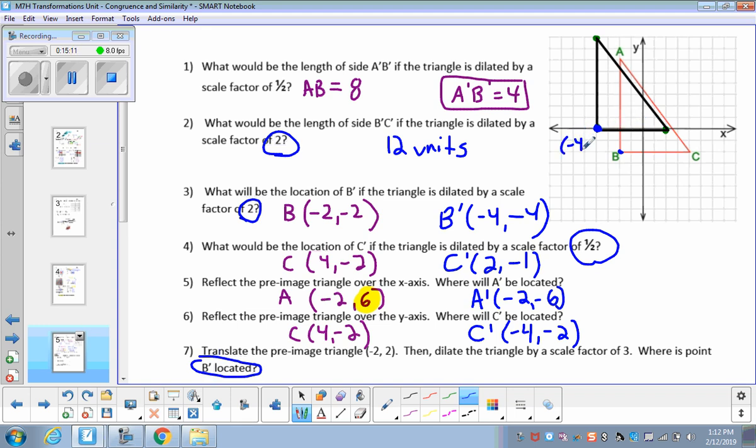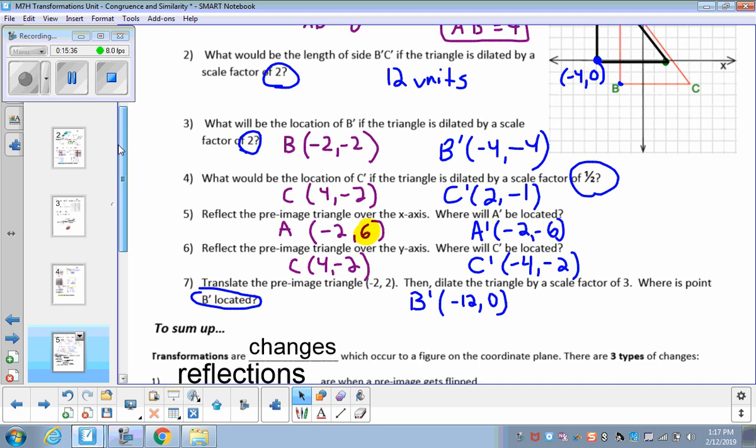This point is at negative 4, 0. If we then multiply that by a scale factor of 3, B prime would eventually be located back 12. And then since 0 times 3 is still 0, it'd be negative 12, 0. Okay?